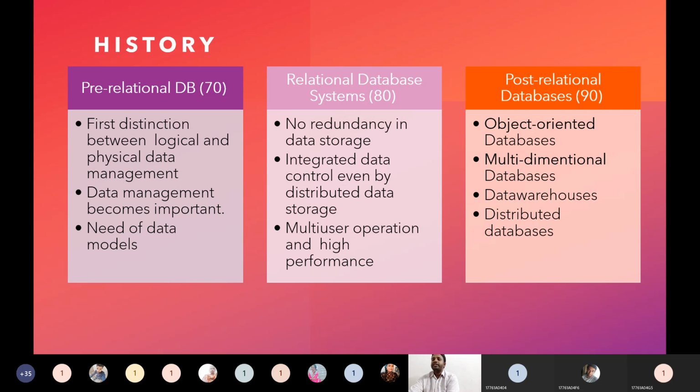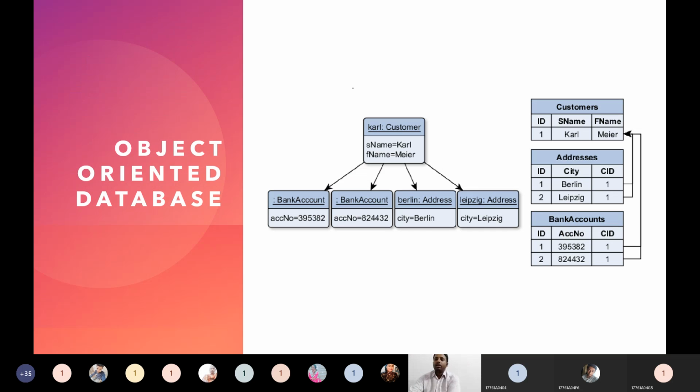Then in the 1990s, a few other database approaches came, that is, we can use object-oriented concepts in databases. So we call that one an object-oriented database. Then multi-dimensional databases, data warehouses, distributed databases. These all came in the 1990s.